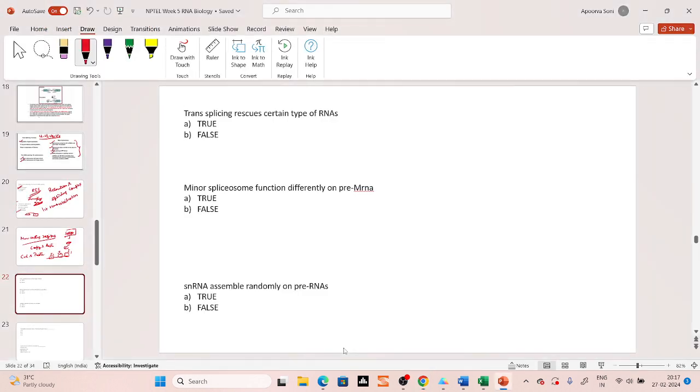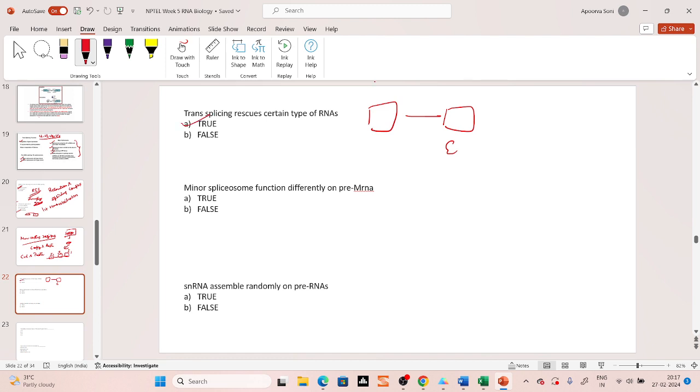So the correct answer is true only, because we have studied that if this is one exon and it does not have another exon here, then for this kind of splicing, trans splicing happens. Or if it does not have a 5' leader sequence, then again it helps in splicing. So it rescues such exons which do not have an exon upstream to them or do not have a 5 prime splice site. They are rescued because of trans splicing.